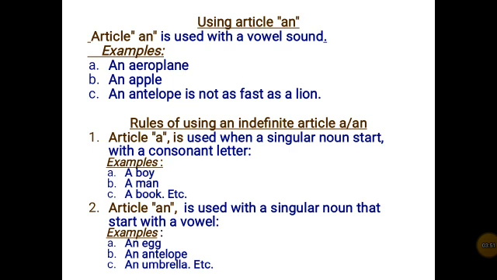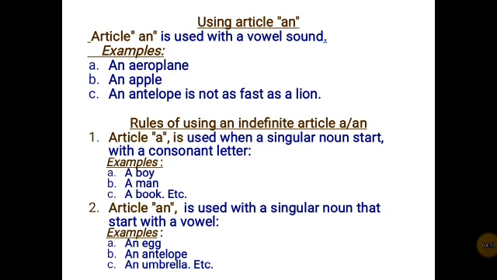Those are A, E, I, O, U. So whenever you see any of these starting a word or a spelling, we have to use article an. Though we have some exceptions to this, but most times we use article an.